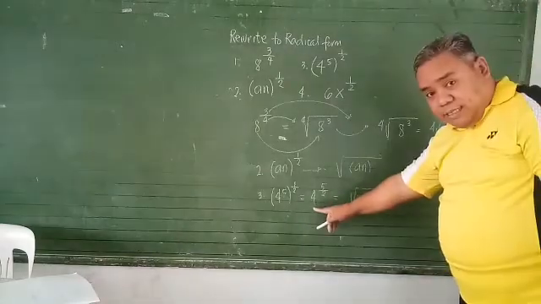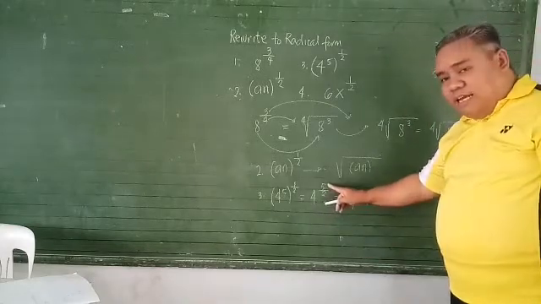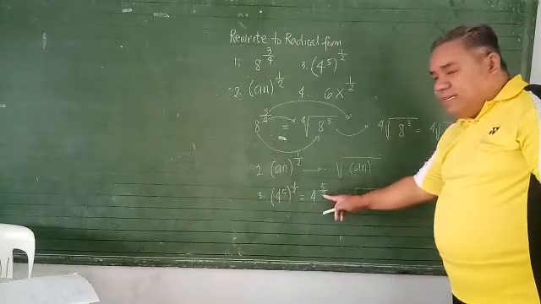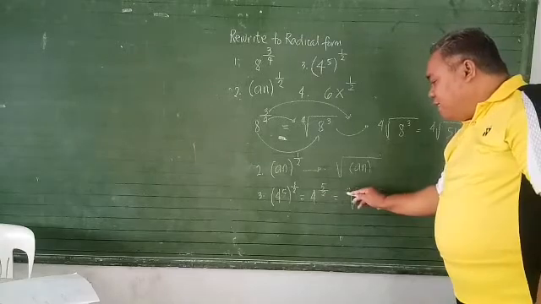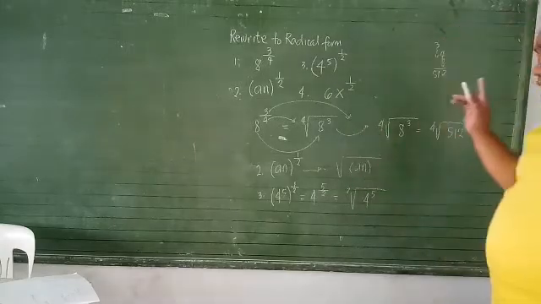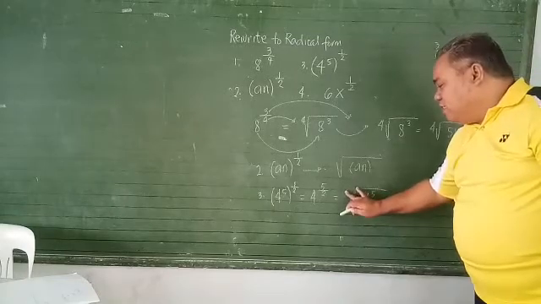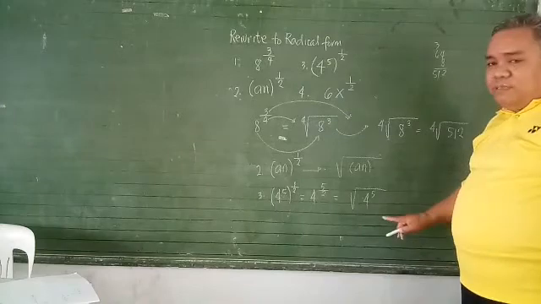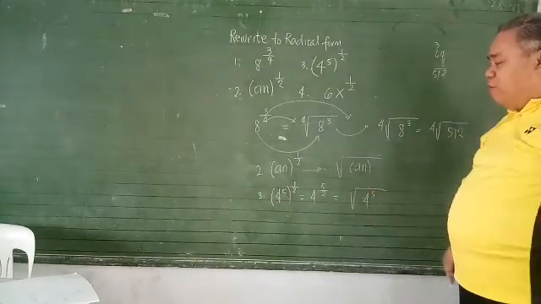This base 4 will become the radical. Then this numerator, 5, becomes the exponent of the radical, and the denominator of the exponent becomes the index. Again, it's a square root, so the 2 is automatically removed. That's it.